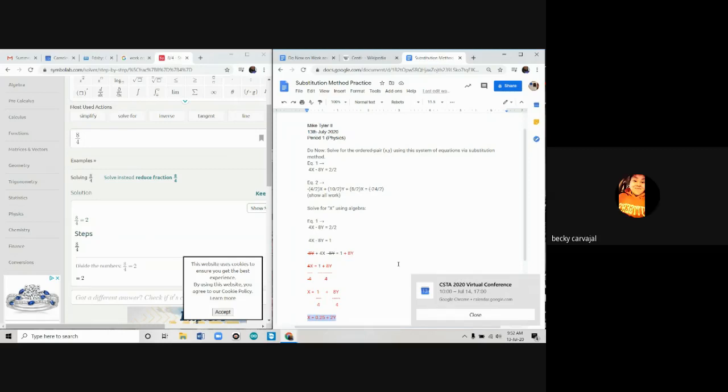When this summer school ends, like July 30th, are we going back? Is it going to be the same thing, on the computer, or do we have to go back to class? They're leaning towards a mixed instruction because we can't have too many people in the building. So it'll be doing both computer work and going to the building.